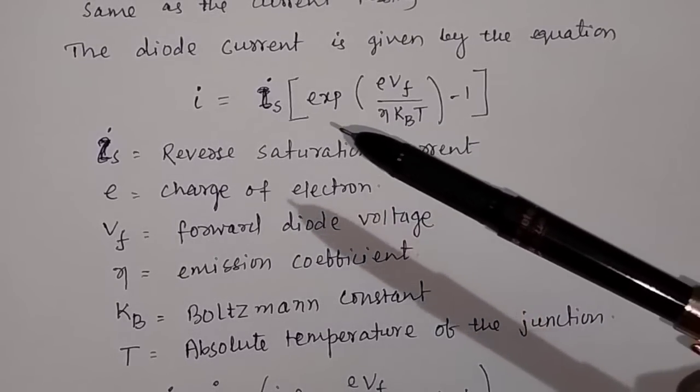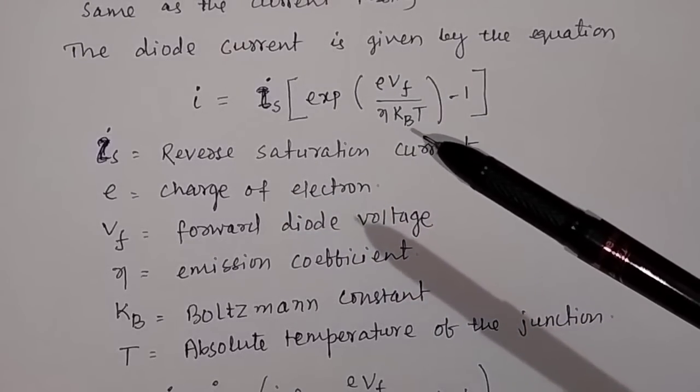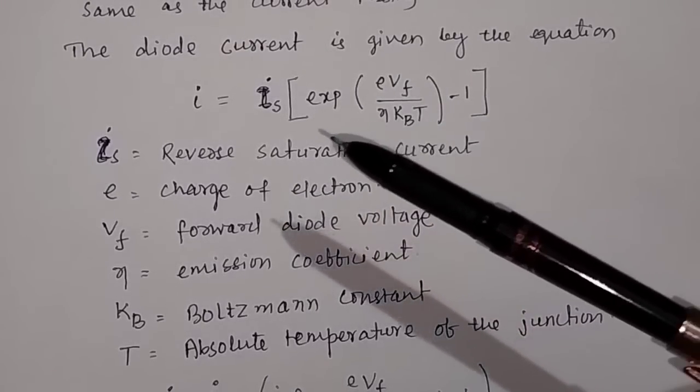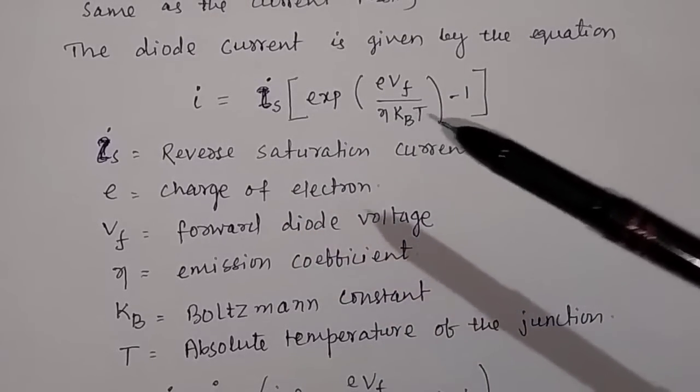You have to remember this formula. You should not deduce this formula in your long question. You should only write that the diode current is given by this equation.